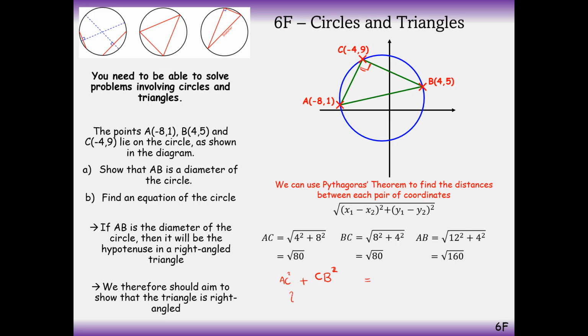So that would be 80 when you square the square root of 80, and that would be also another 80, and that is 160, and that is BA squared, or AB squared. Now, if that's AB squared, then AB is the square root of 160, from these two facts. So then that works out to be the same.